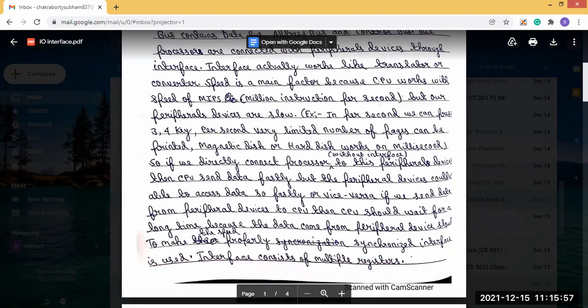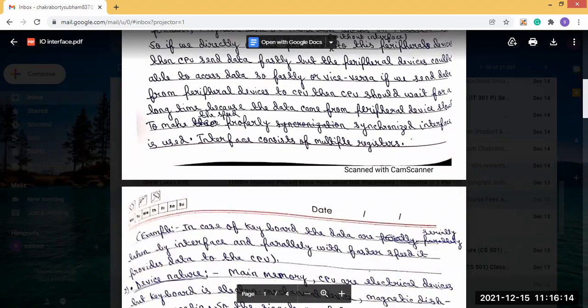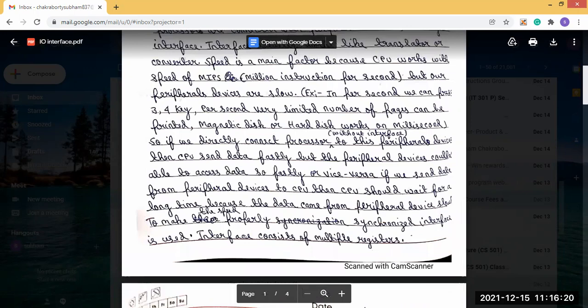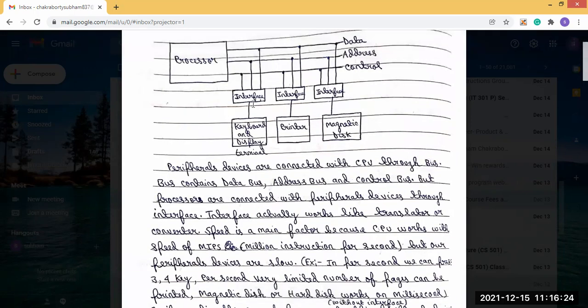Now why is the interface able to handle that? Because the interface contains multiple registers inside it. For example, take a keyboard, where data is taken serially, one by one.